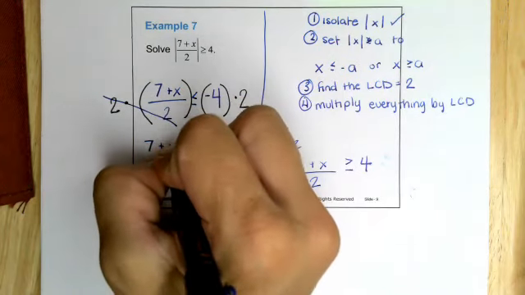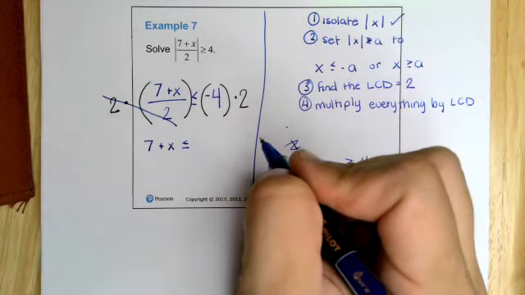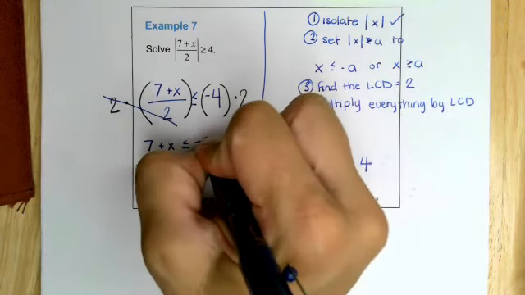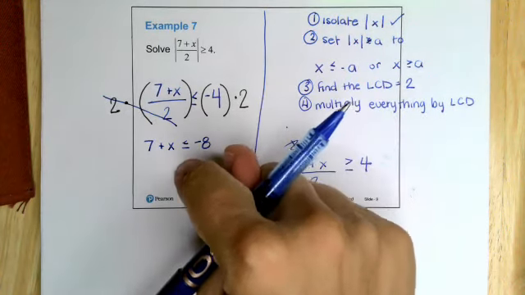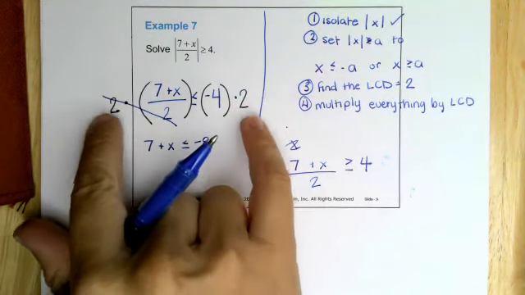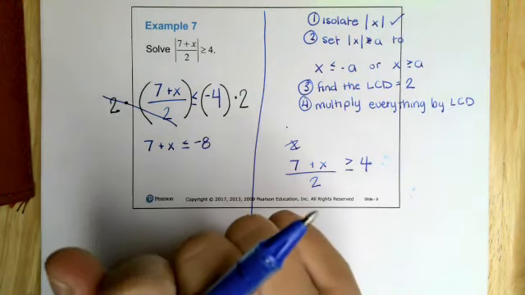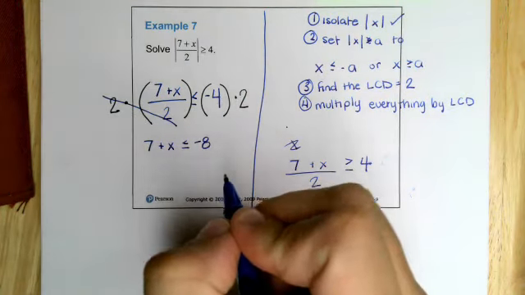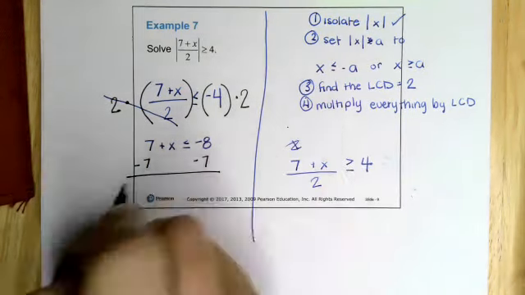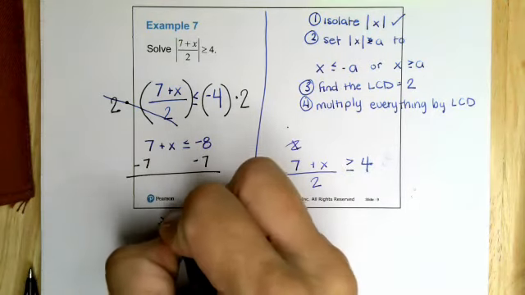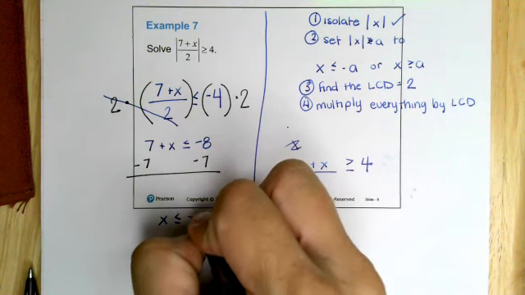So that becomes 7 plus x. -4 times 2 becomes -8. And even though this is a -4, it's being multiplied by a positive, so we don't flip the sign. We only flip the sign if the one we multiplied or divided by is the negative. Okay, so the sign stays the same. Now I'm going to subtract 7. X is less than or equal to -8 minus 7, which is -15, right?